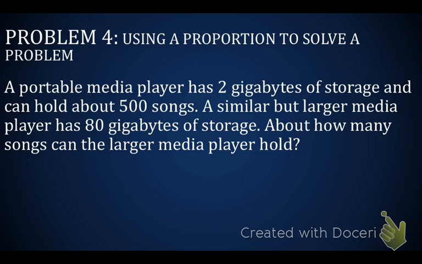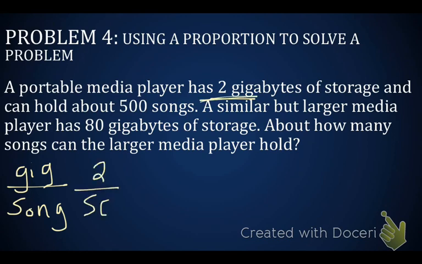If you remember from last year, I always told you to write a guide fraction. This is the same thing. Here I would say gigabytes over songs. We know that 2 gigabytes can hold 500 songs. But we're trying to figure out how many songs 80 gigabytes can hold.